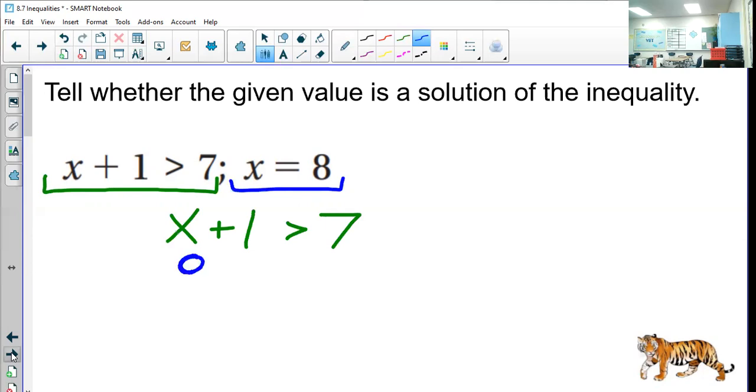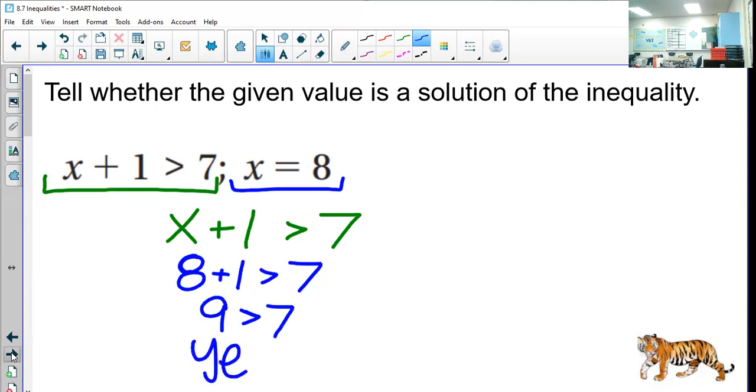Now I have 8 plus 1 is greater than 7. What's 8 plus 1? 9. Is 9 greater than 7? Yeah, think of a number line. Yes, 9 is greater than 7. So we would write yes. You have to show all of this work and then write yes or no.